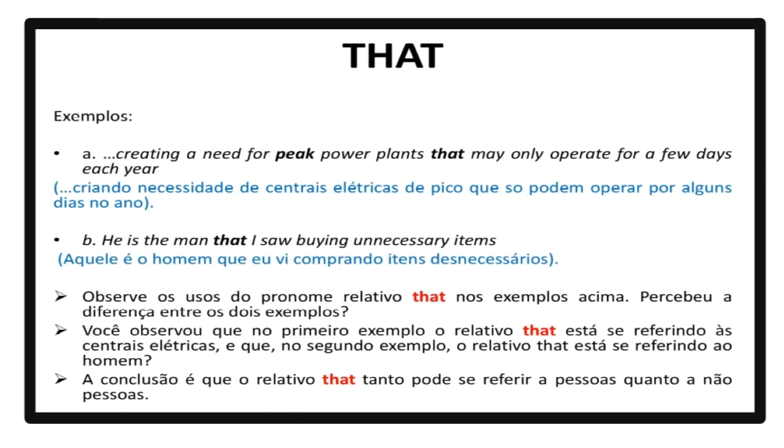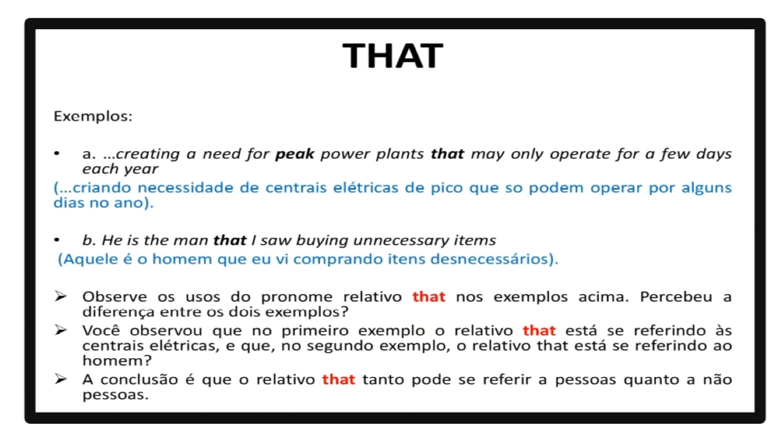We use who for people, we use which for things, objects, ideas, animals, never for people. And that we use for both. We can use that for people, for animals, for ideas. What's the difference between that and which? We use which between commas in optional sentences, and that is never between commas, okay?